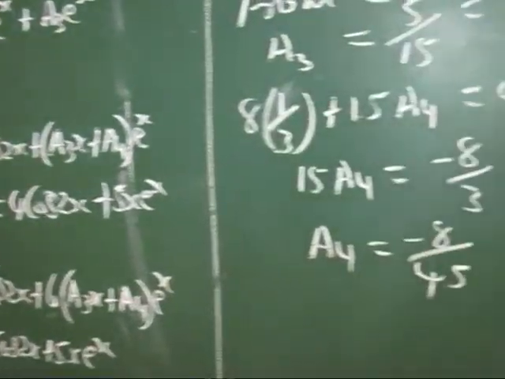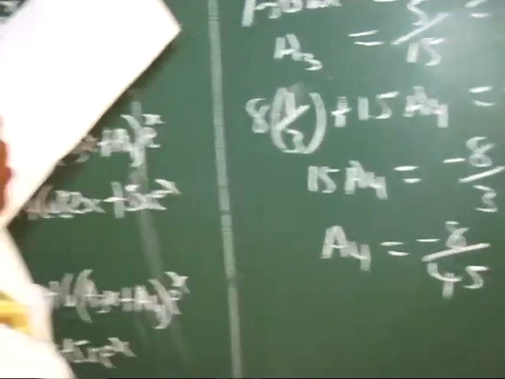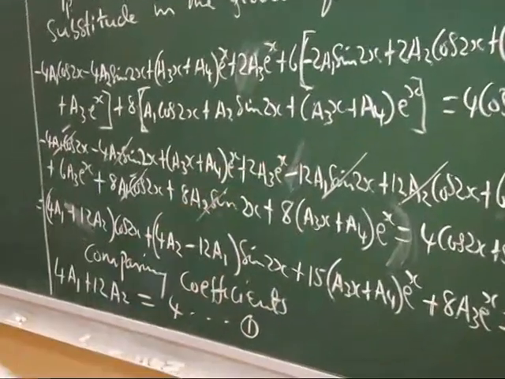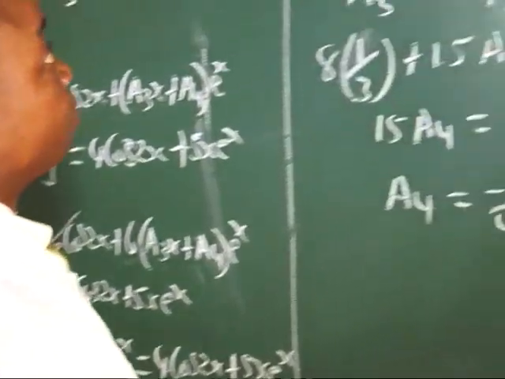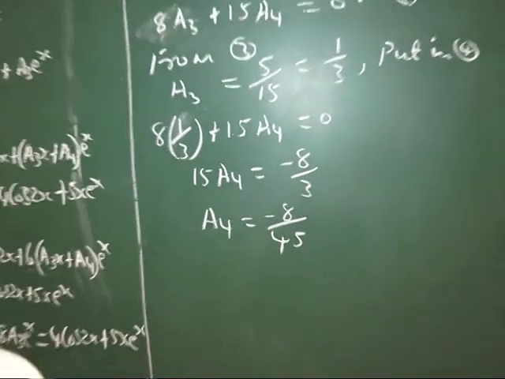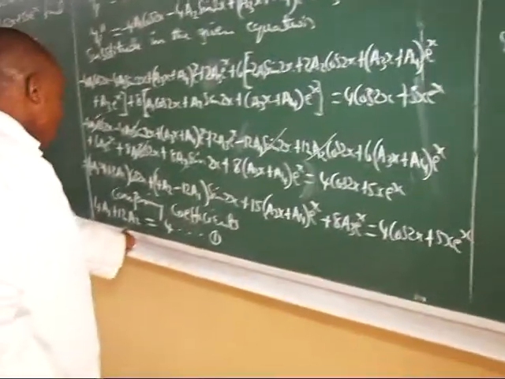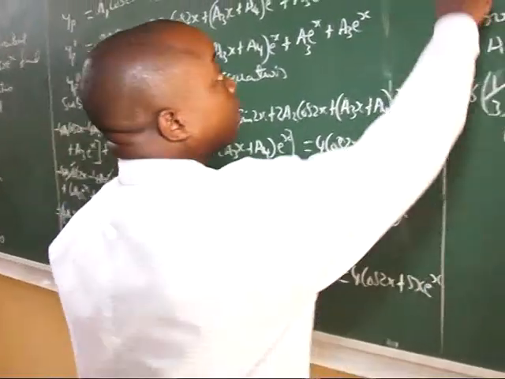We still need a1 and a2, but in equation 1 and 2, there's nothing we can substitute from here. So what we'll do is solve it simultaneously. Look at equation 1: 4a1 plus 12a2 is equal to 4.